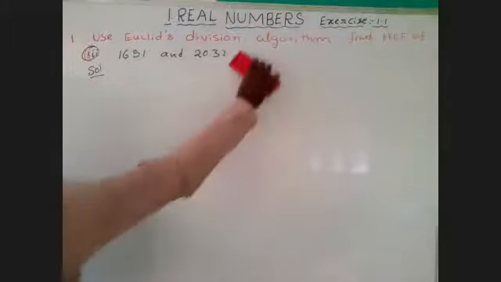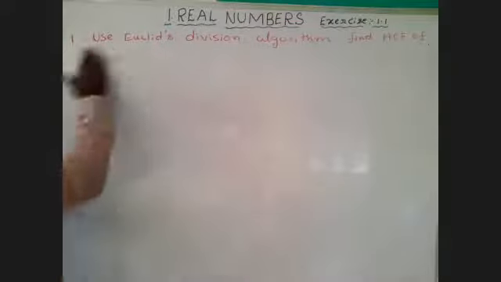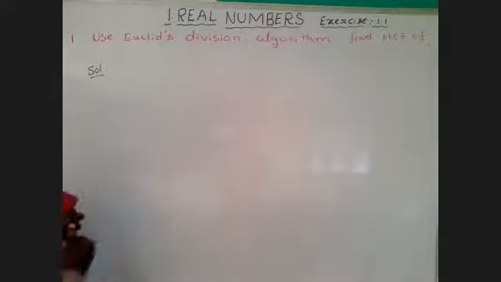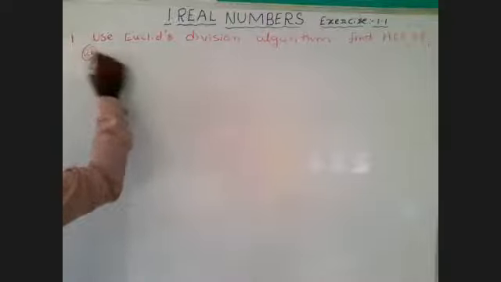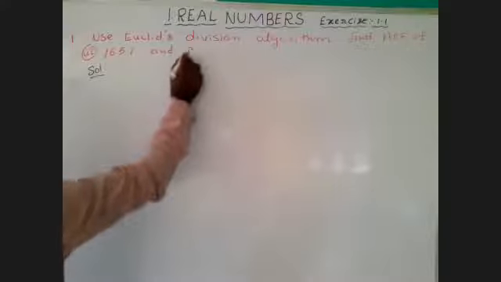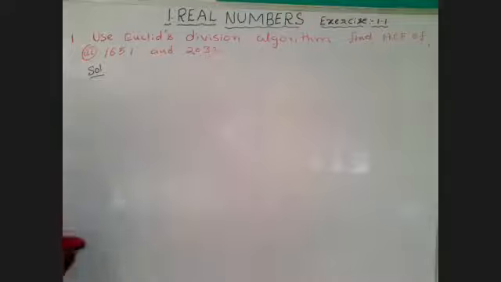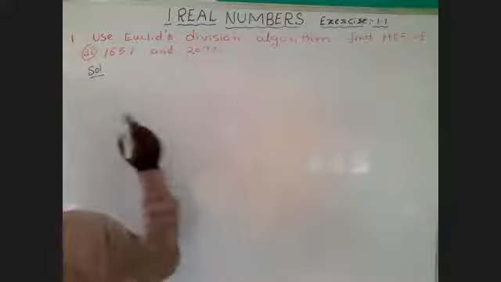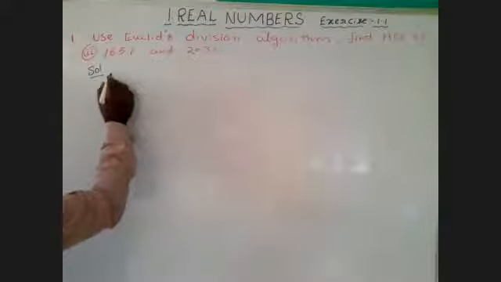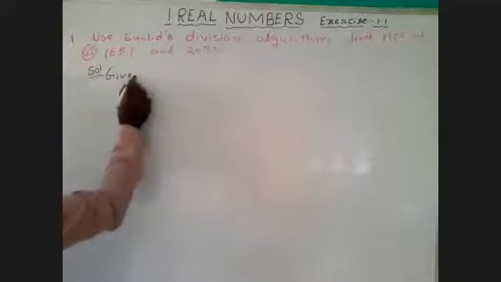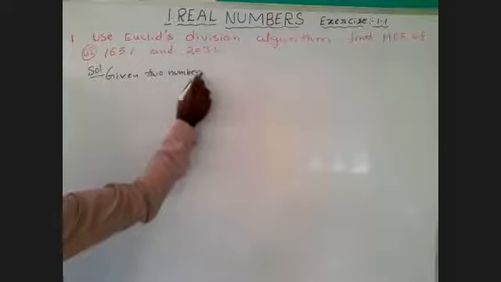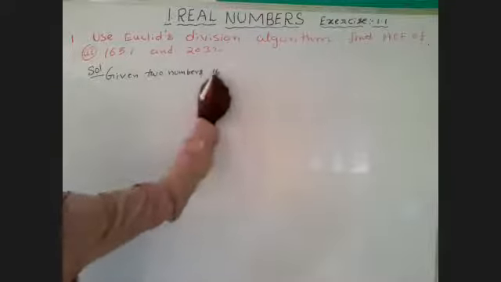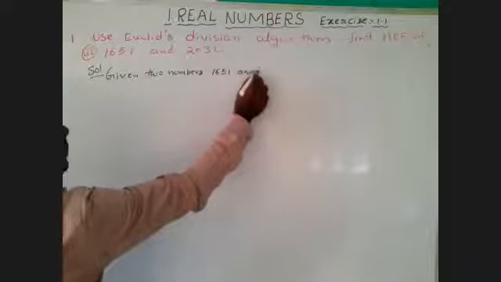So here, the same process as in the first problem. Here the given two numbers are 1651 and 2032.